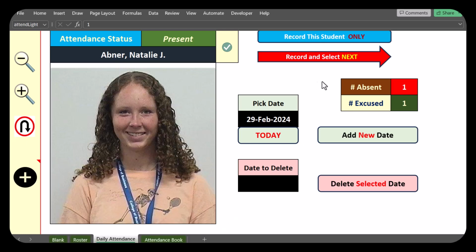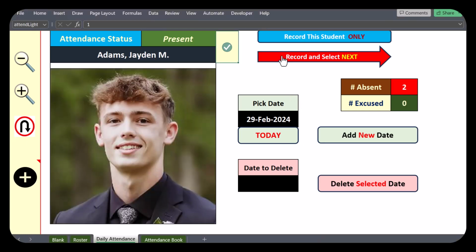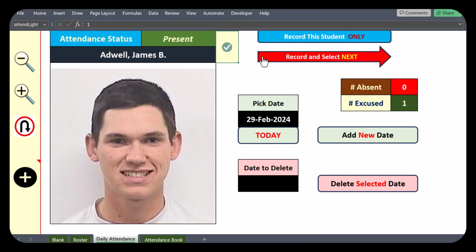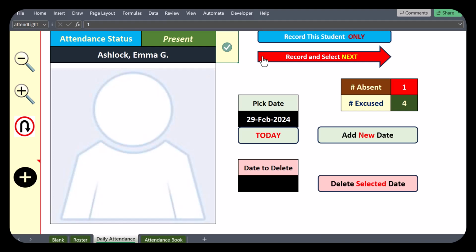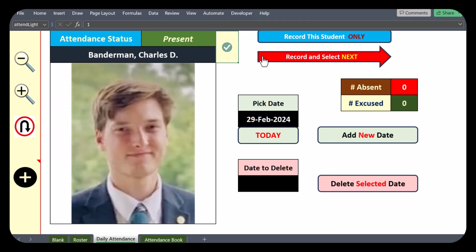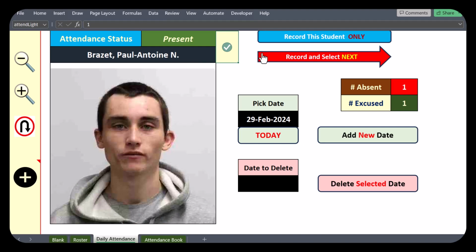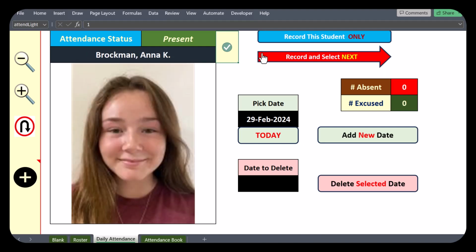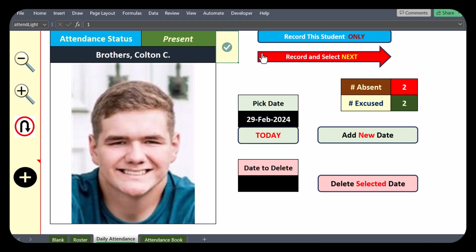Okay, let's see. Natalie here. Jaden Adams. James. Emma. Vanderman. Paul. Brockman. Brothers. Colton Brothers.